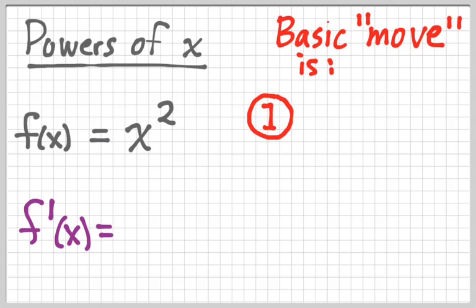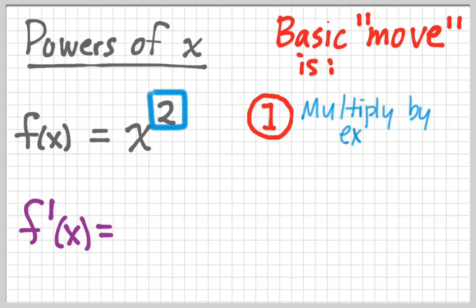The first step in taking the derivative of a power of x is to look at the power, the exponent in particular. In this example, that's 2. And the step is, I'm going to multiply my expression by that exponent. So that's the first thing we'll do. Multiply by exponent.